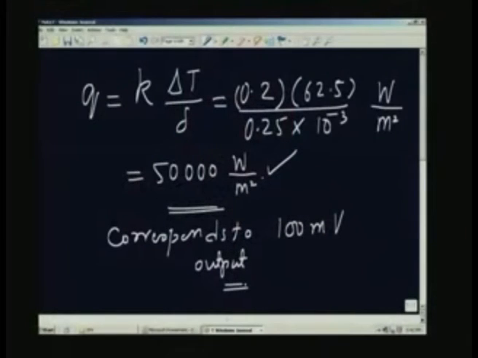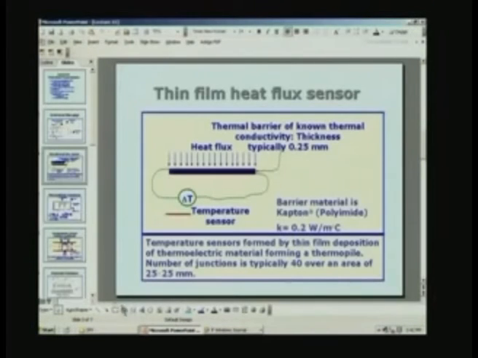And you can see that about 50,000 watts per square meter will correspond to the maximum of 100 millivolts, which is the output of the instrument. So, this is a case where the heat transfer or the heat flux and the delta T are in the same direction, similar to what we had in the case of the axial probe.